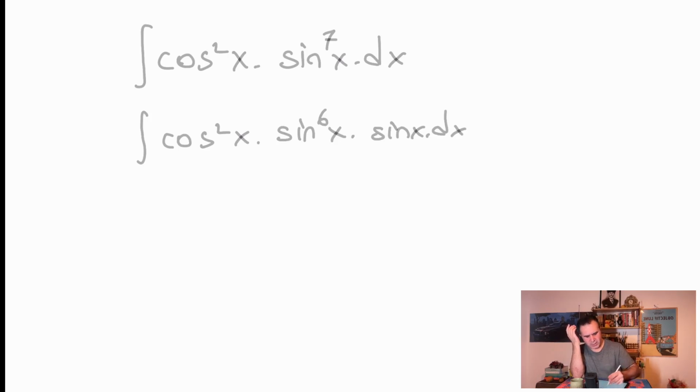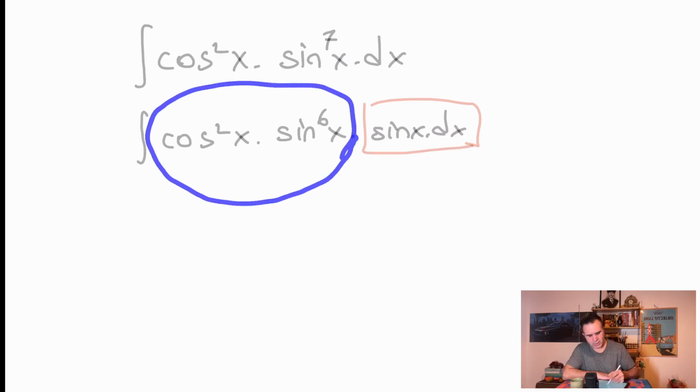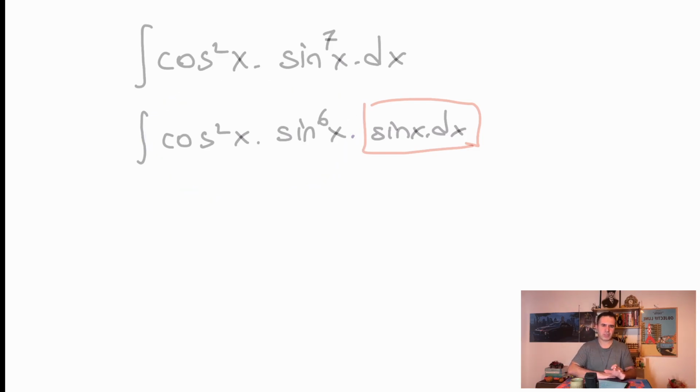As you see here, we have sine x dx, and the derivative of cosine x is minus sine x. If the other part of the integral can be written just using cosine x, then we can use substitution here.